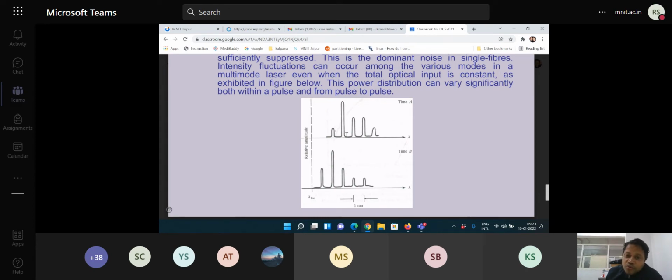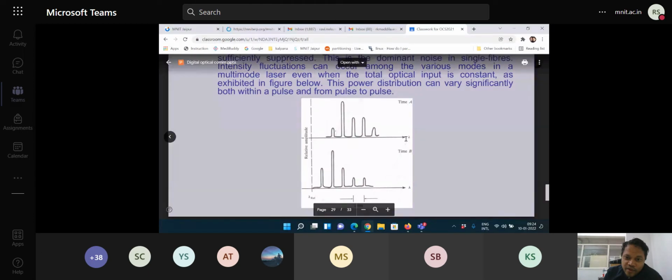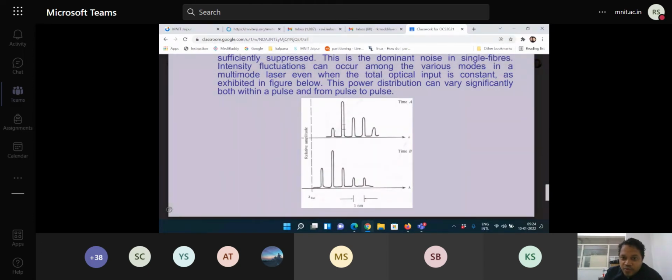Which one or two modes would be coupled is critical here. Here the x-axis is wavelength. At some time A, we have one mode which has the highest power, two other modes which have about half the power, and two more modes which have about one-fourth the power of the main dominant mode.